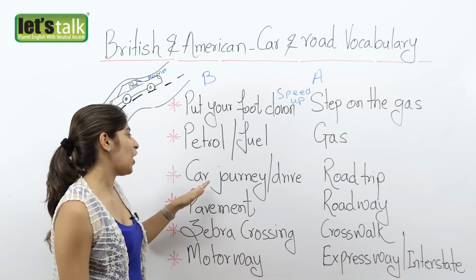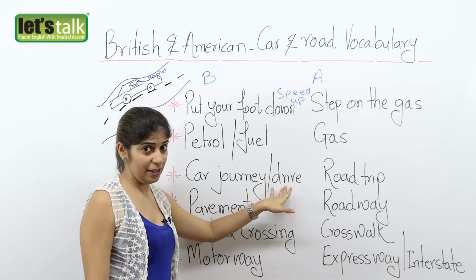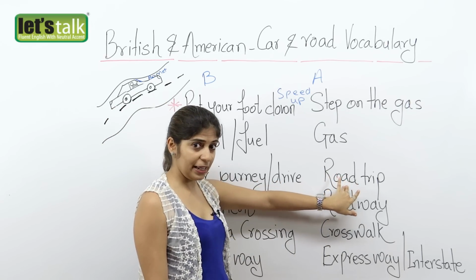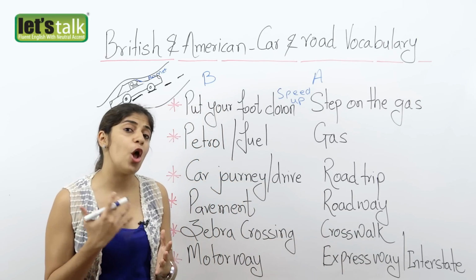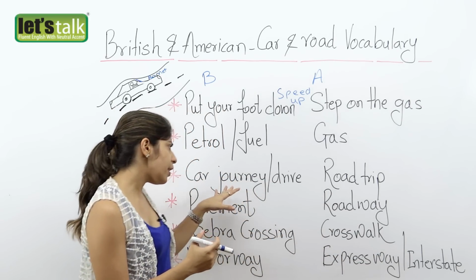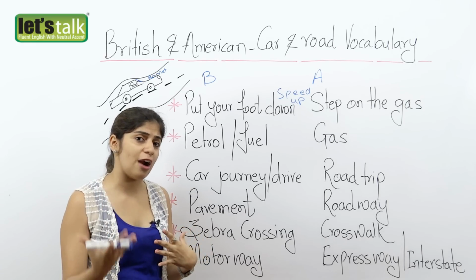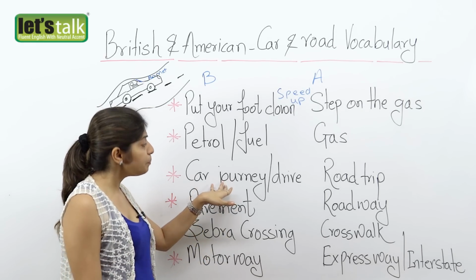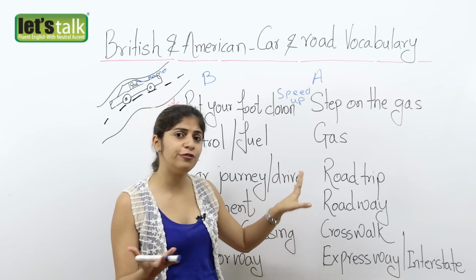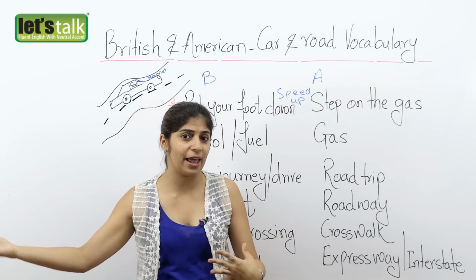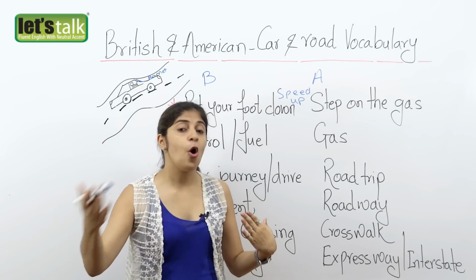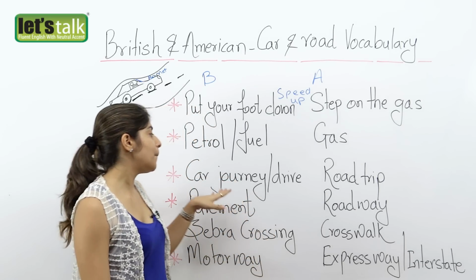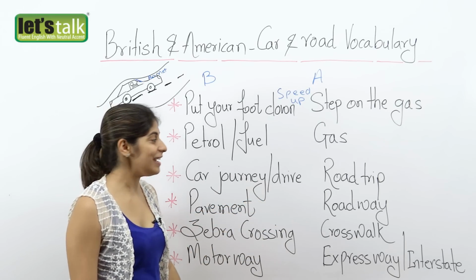Then we have car journey or drive, whereas in American English, it's road trip. Now, when people go for a long drive, people say that, well, we drove to Milton Keynes, so maybe it was a long drive for them, so they went for a drive or they drove to Milton Keynes.